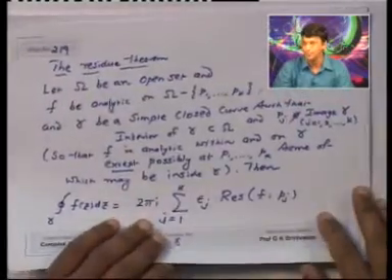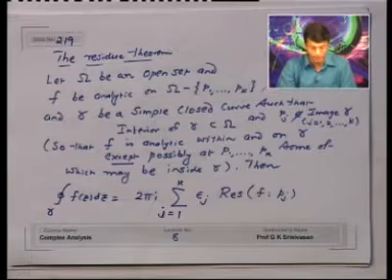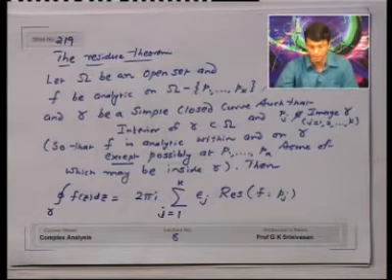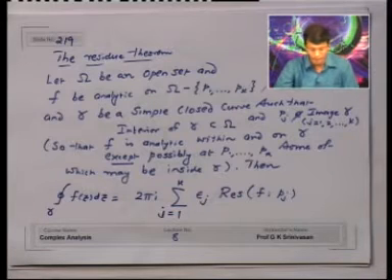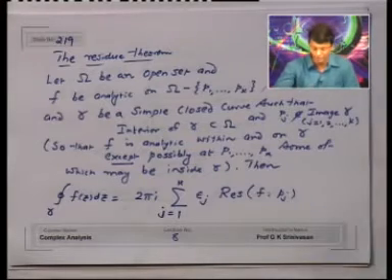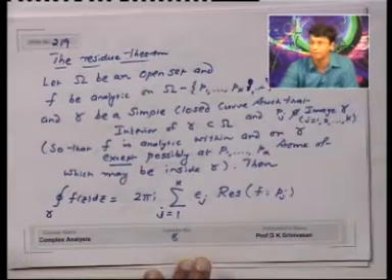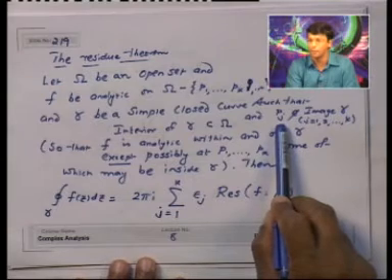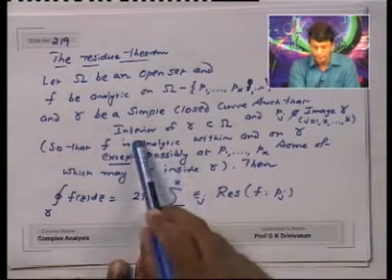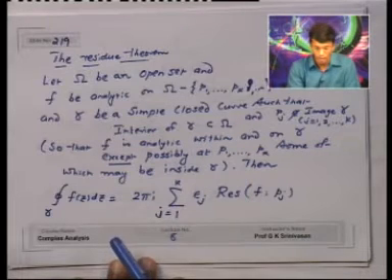Alright. Next is the residue theorem. Let omega be an open set and function f be analytic on omega minus finitely many points. And let gamma be a simple closed curve not passing through any of the points p_j, such that the interior of gamma is contained in omega.